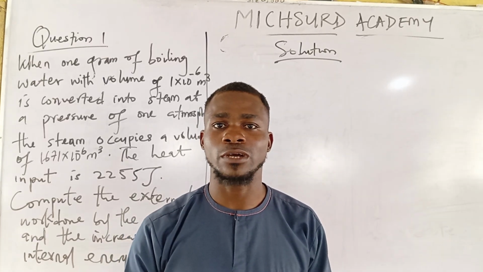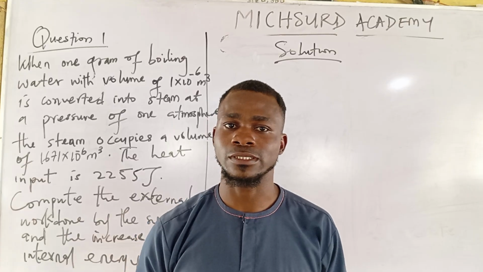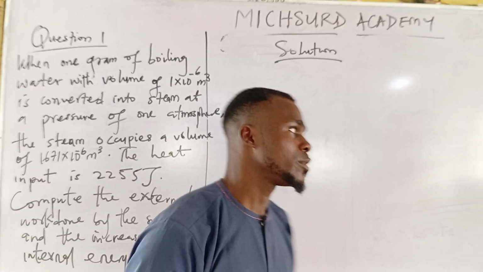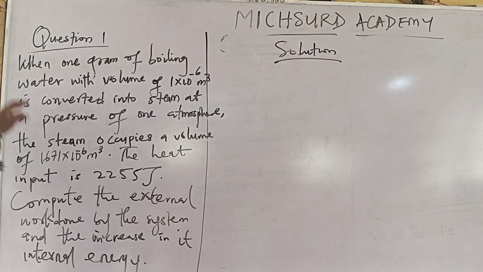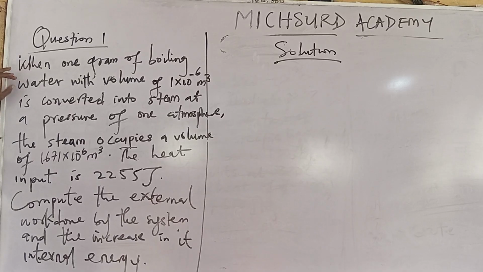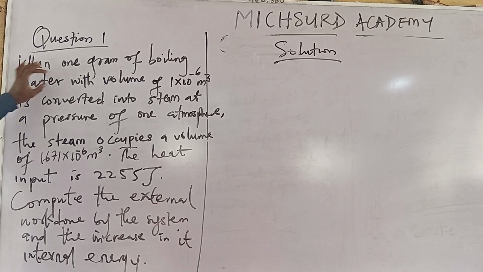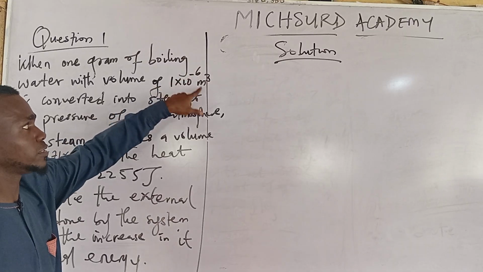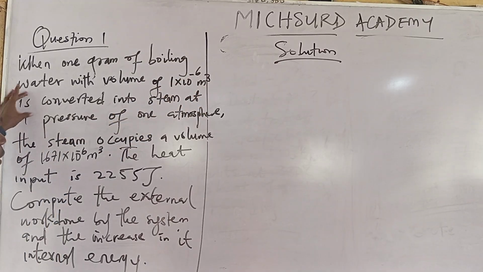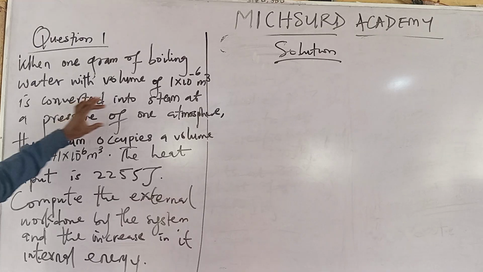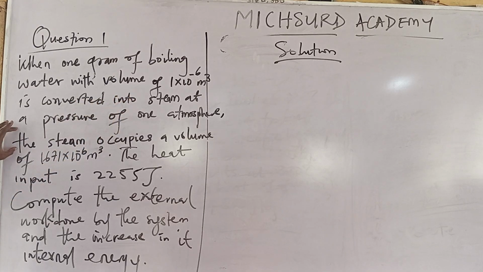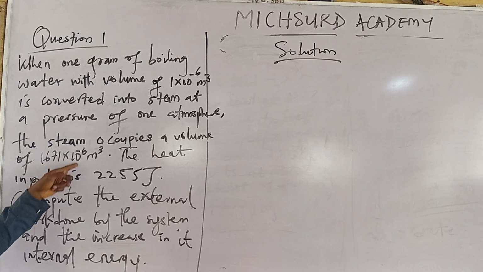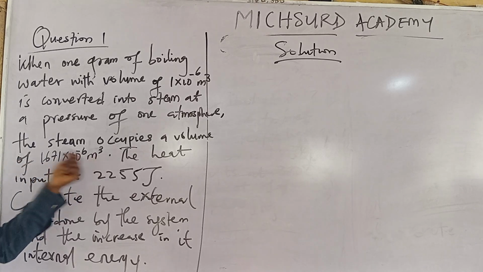So today we are going to look at a question that has to do with thermodynamics. Now the question here says that when 1 gram of boiling water with volume of 1 times 10 raised to the power minus 6 meter cube is converted into steam at a pressure of 1 atm, the steam occupies a volume of 1671 times 10 raised to the power minus 6 meter cube.